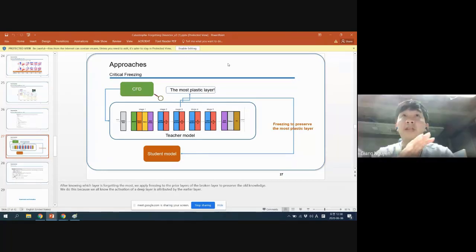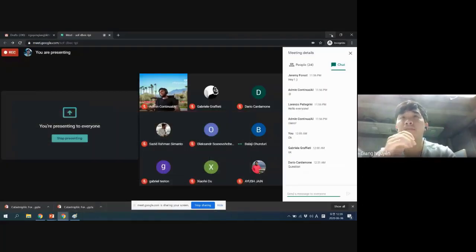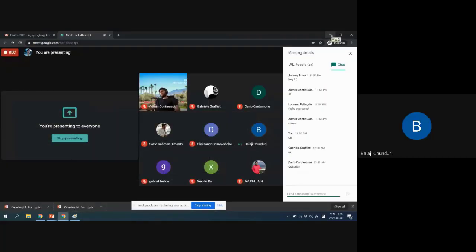For example, in fine tuning, sometimes you just pick 2 or 3 or 4 earlier layers, but you don't know exactly what block you should choose. So CFD will show you which layers should be transferred in fine tuning. Okay. Thank you. It will be interesting to see what you do in future.